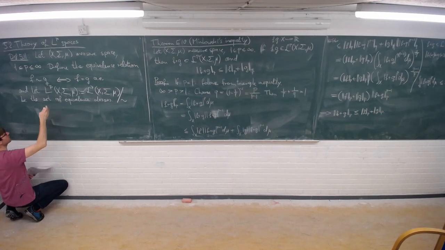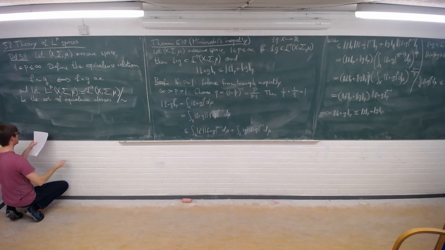Okay, and on this set of equivalence classes we can define a scalar multiplication and sum, and that turns it into a vector space.